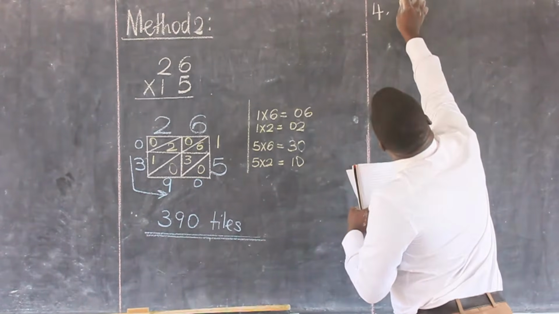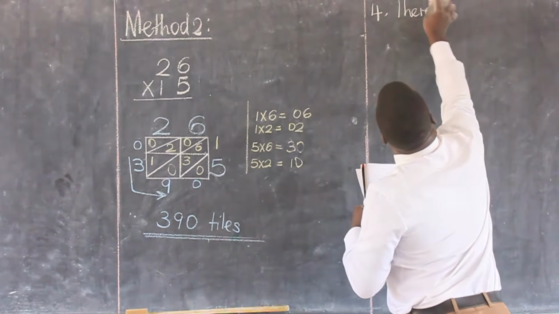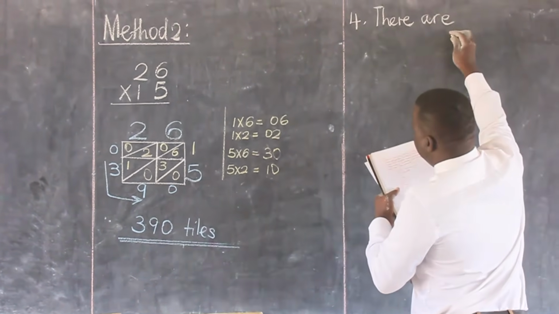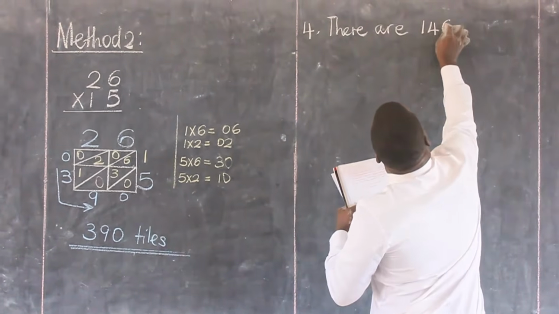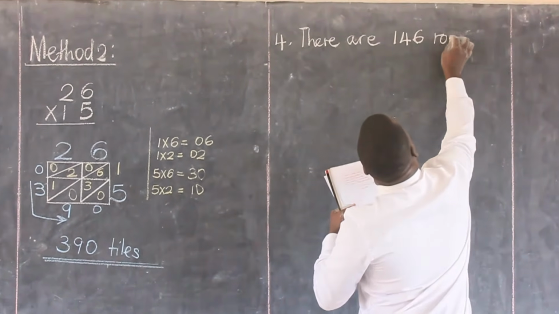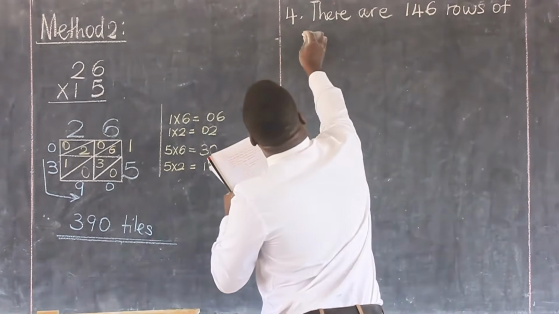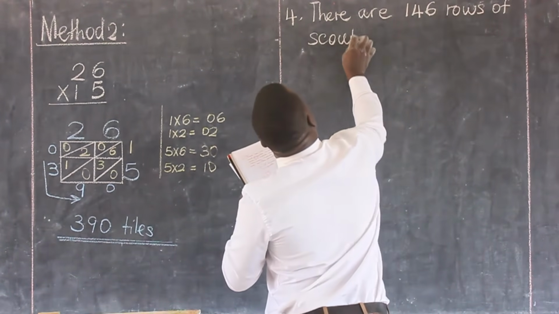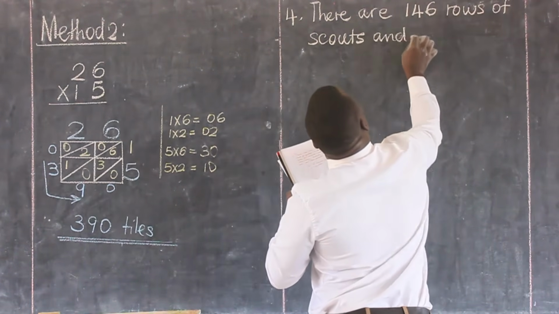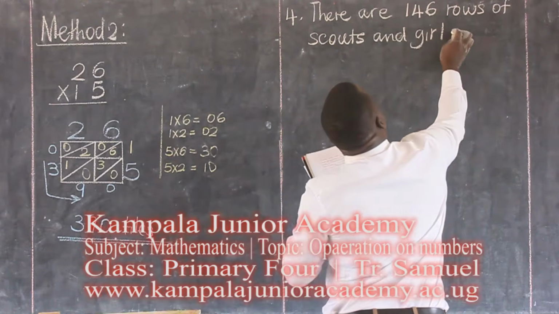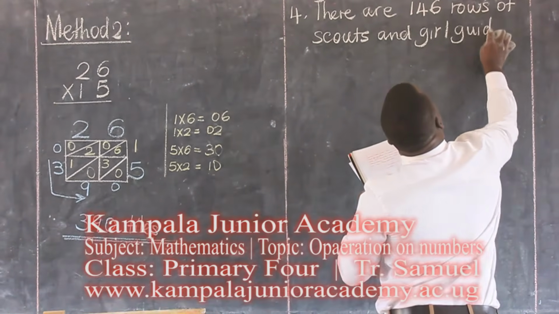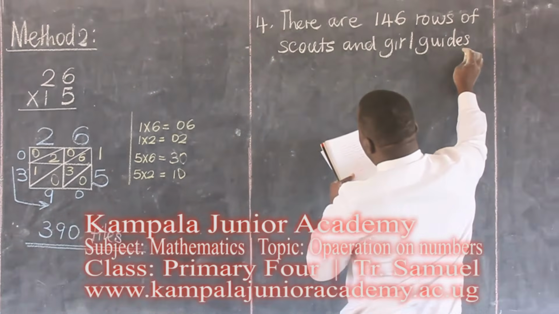they are saying there are 146 rows of scouts and girl guides. Okay?